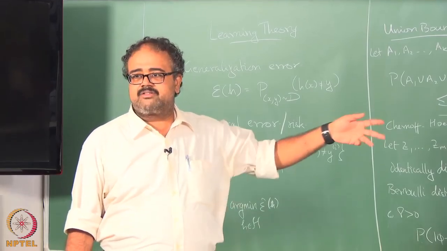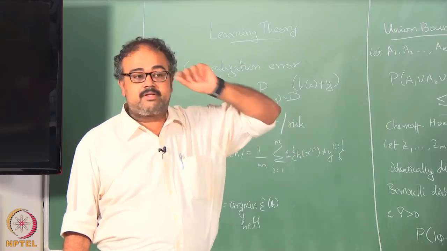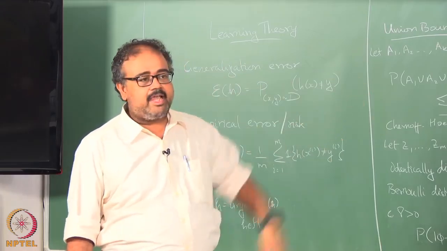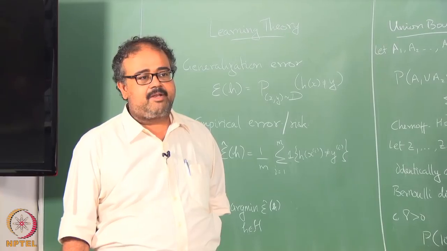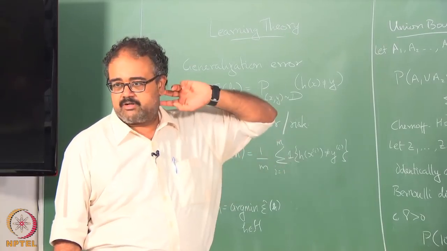For one of them it is 2 e power minus 2 gamma squared m. Now for k of these it is just k multiplied by that. So this is essentially what we get from the union bound.